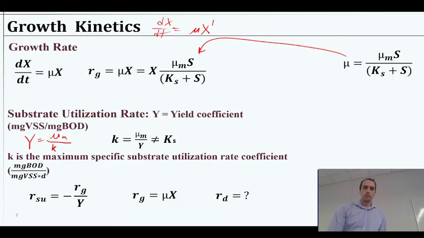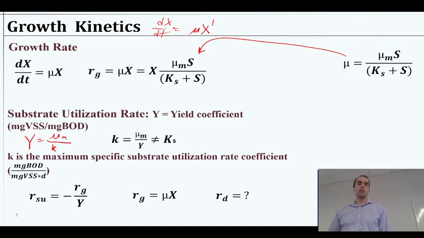Okay, so with that, we have a relationship now between the substrate use and the amount of bacteria growing. And so what we can do is say a rate of substrate utilization should be equal to the negative of the growth divided by that yield coefficient.